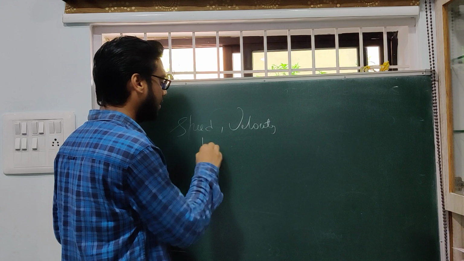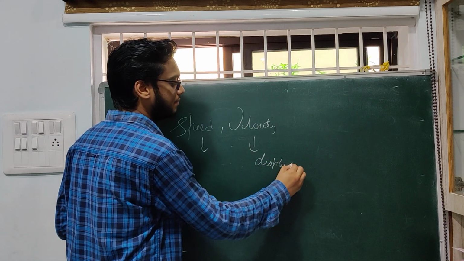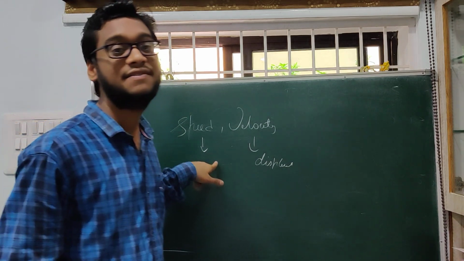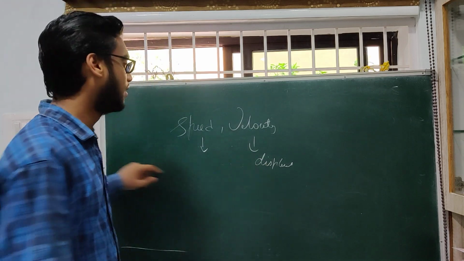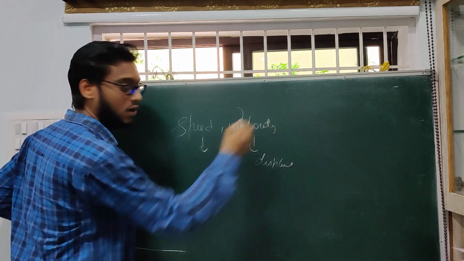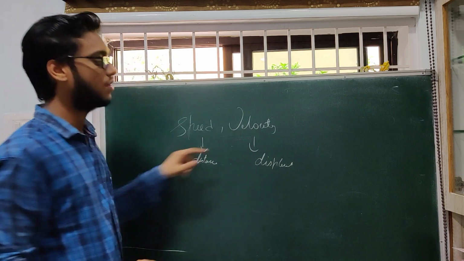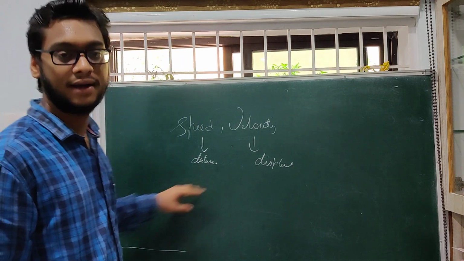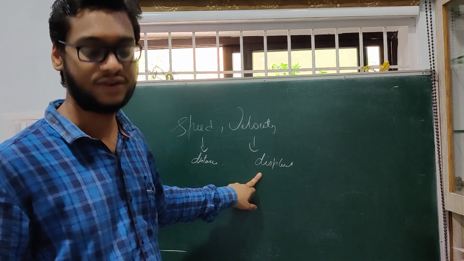Here speed covers the distance in a given interval of time, and here it is the displacement. So speed is your distance quantity, and velocity is your displacement.